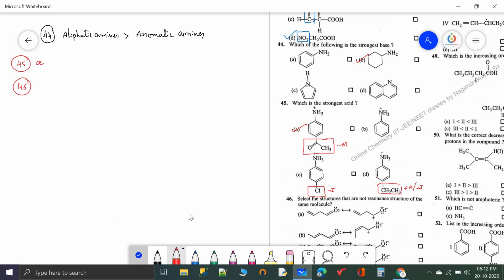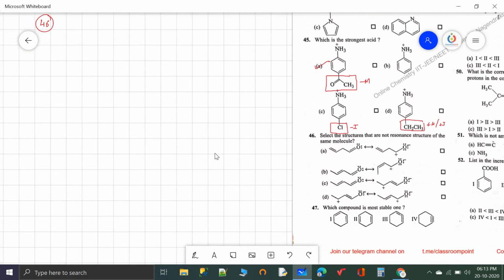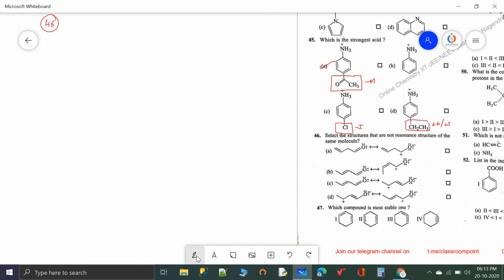46. Let us see the 46th question. Select the structure that is not a resonance structure of the same molecule. I will write down these molecules here as it is not properly visible.